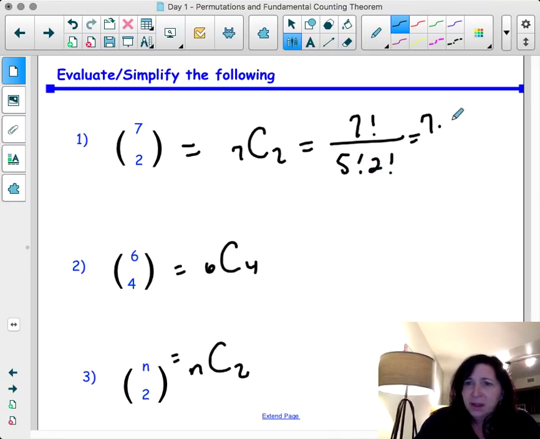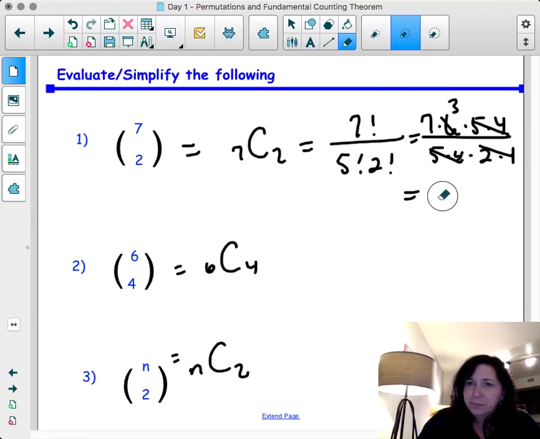That's 7 times 6 times 5. I'm actually going to stop here because I know that this 5 is going to cancel up here. These are going to cancel and they just keep going down. And then you have times 2 times 1. 2 is going to divide into 6 3 times. So my answer is 7 times 3, which is 21.